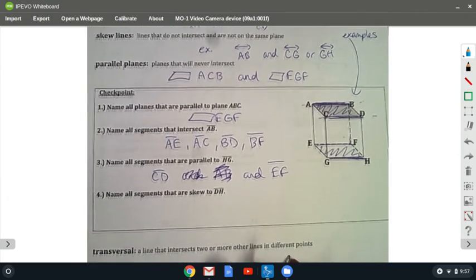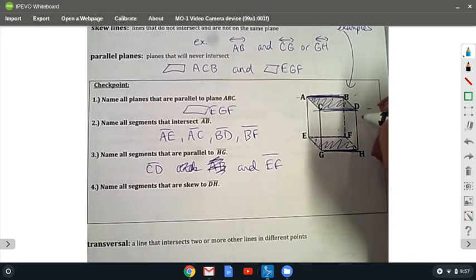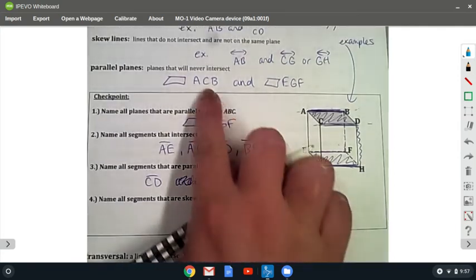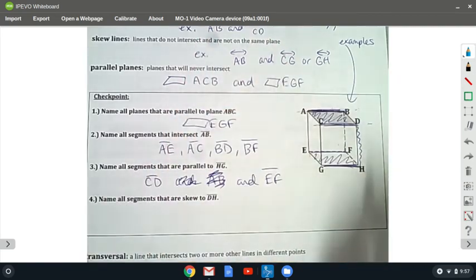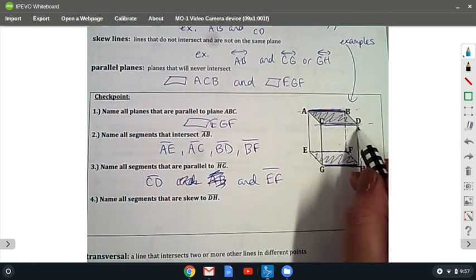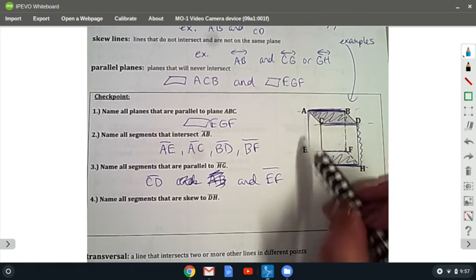Okay. Name all segments that are skew to DH. So DH is right here. We want any segment that does not intersect and is not on the same plane. So these intersect. We can't use those. We can't use this. We can't use that. We want ones that are not on the same plane and do not intersect. So we could use AE. It's not on the same plane.